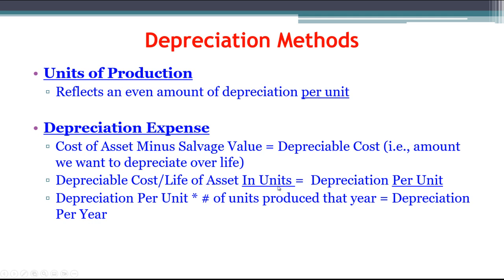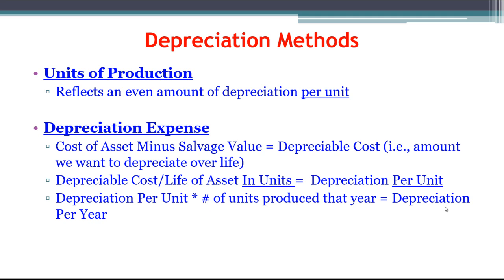How many actual units do we think the machine will produce? How many miles will the vehicle go? And what that gives us is an estimated depreciation rate per unit. And then every year or month or quarter when we're trying to record a depreciation entry, we count how many of those units we actually used and multiply it by the same rate every time. That gives us the depreciation amount per year.